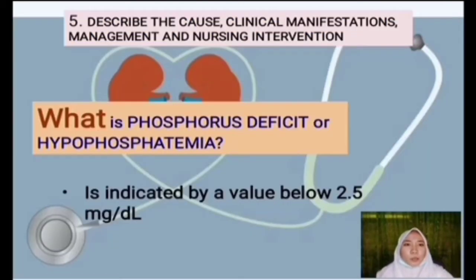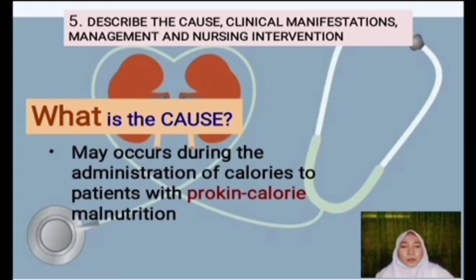So next, what is phosphorus deficit or hypophosphatemia? Hypophosphatemia is the other term for phosphorus deficit. It is indicated by a value below 2.5 milligrams per deciliter. So what is the cause?